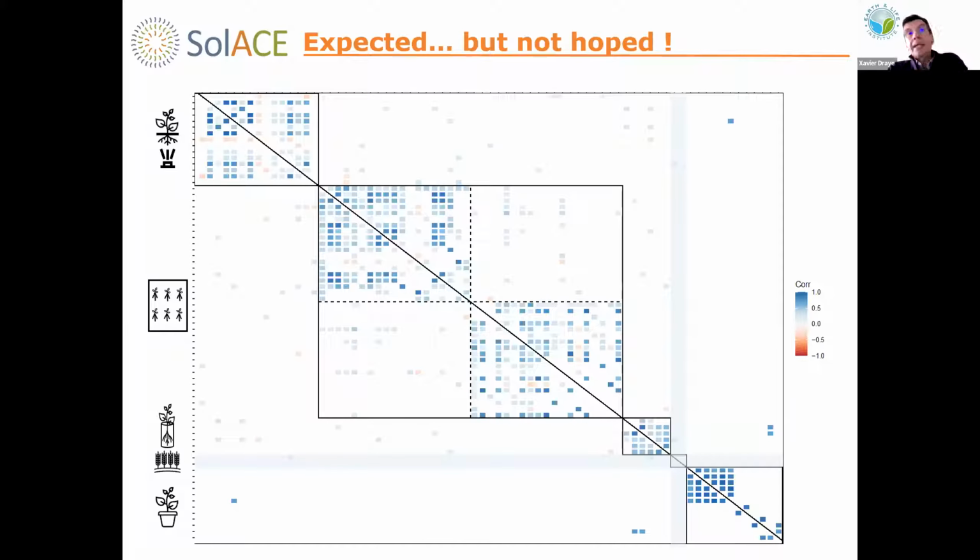So what we expected when we collected all those data and tried to assemble them: we had again 250 genotypes, reasonably large to estimate genetic correlation, for example. We tried the crude and simple thing of a correlation matrix between all these variables.